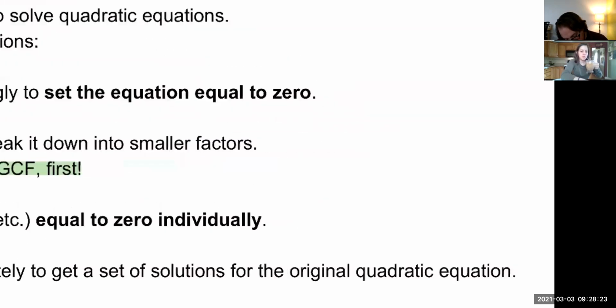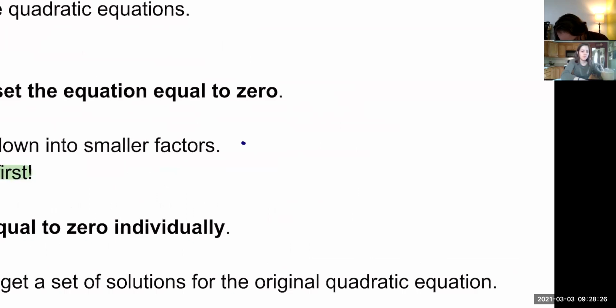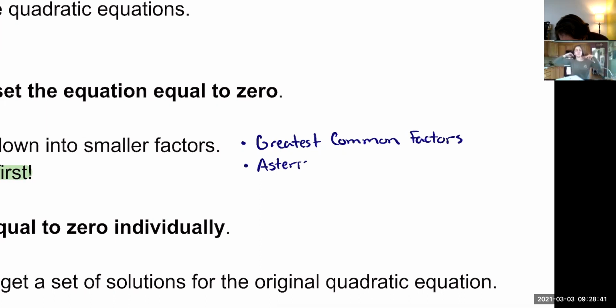Now, I kind of blanked for just a moment. Up here on step 2, I should have written that factoring could be greatest common factors. It could be that you're using the asterisk method. Or it could be that you're using that special case we introduced yesterday as well, which was the difference of perfect squares.